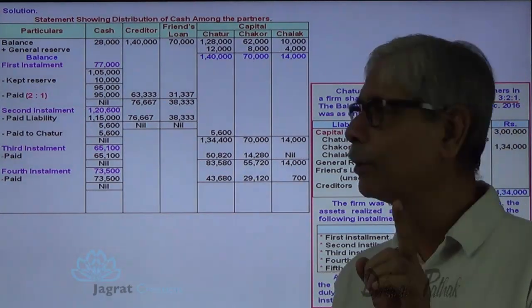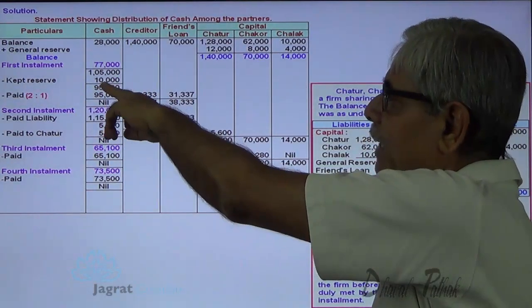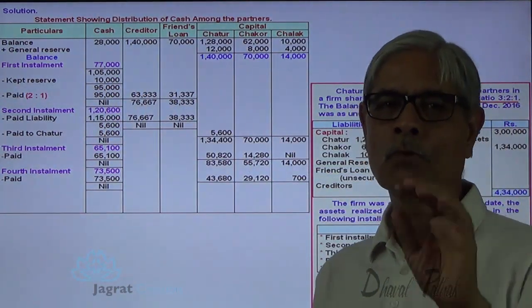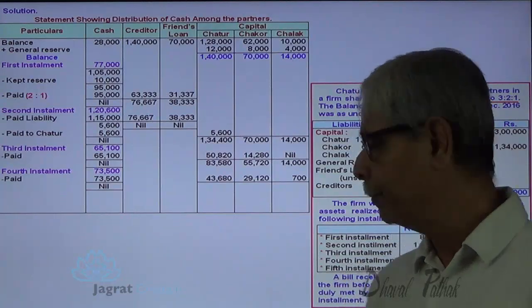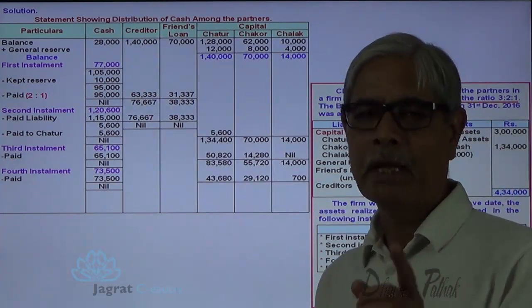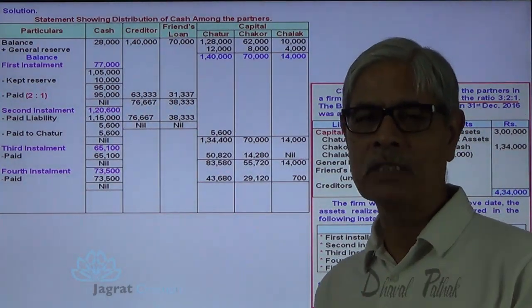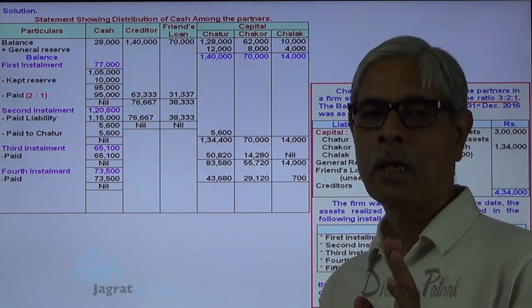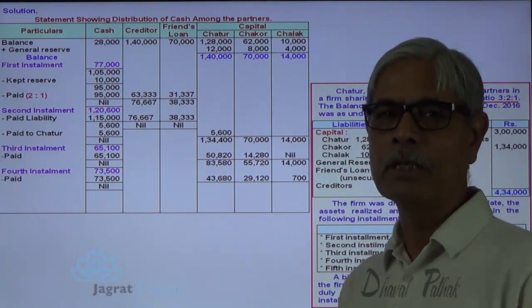Now do you remember that we have put aside 10,000 rupees as a reserve for meeting the contingent liability. And we are told that the contingent liability is now not payable because the bill accepted by the acceptor was honored. So we are not required to pay this 10,000 which we have kept aside. And now this 10,000 will be available to us for distribution at the time of the fifth installment.